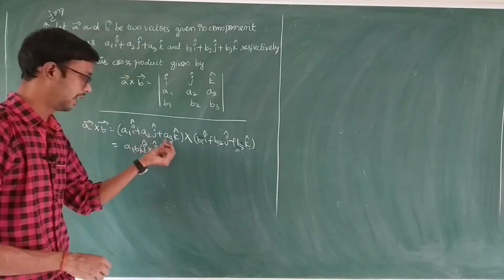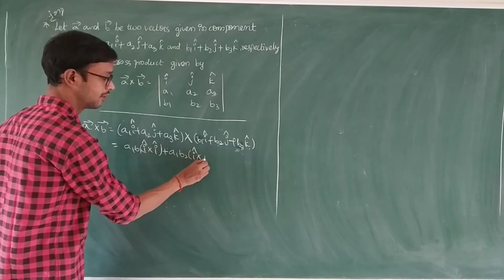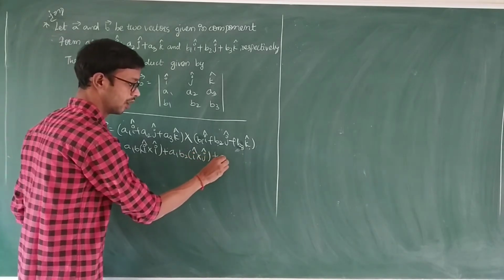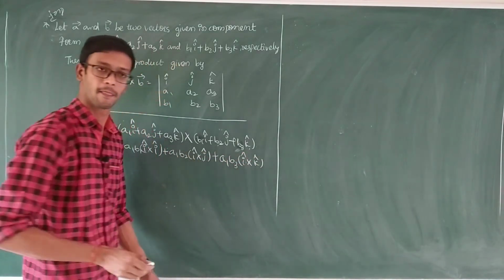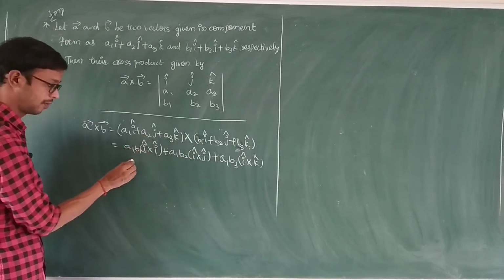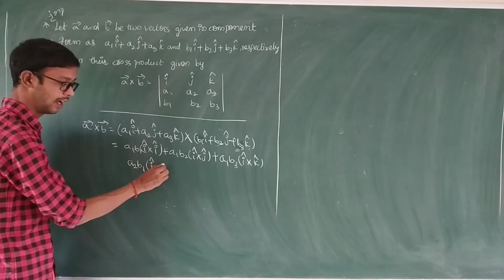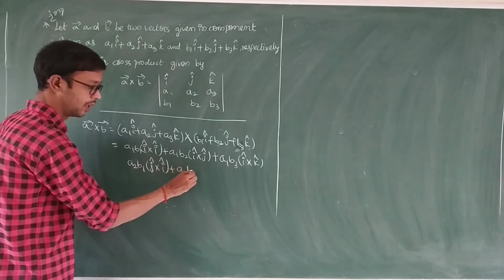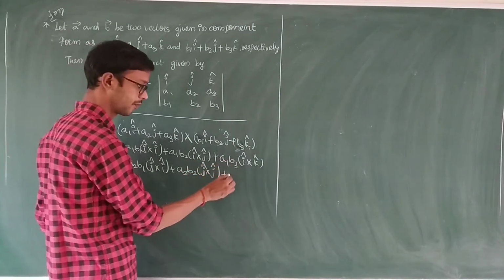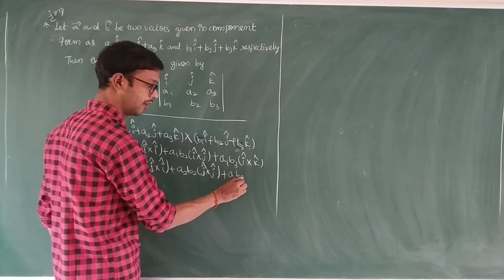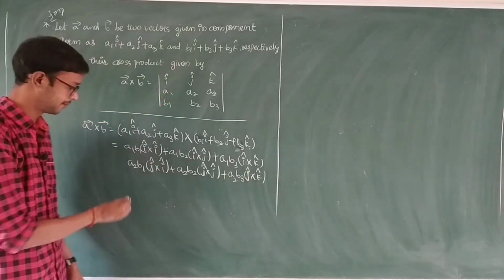Just i cross i plus A1 B2 i cross j, plus A1 B3 i cross k. Next, A2 B1 j cross i, A2 B2 j cross j, plus A2 B3 j cross k cap.